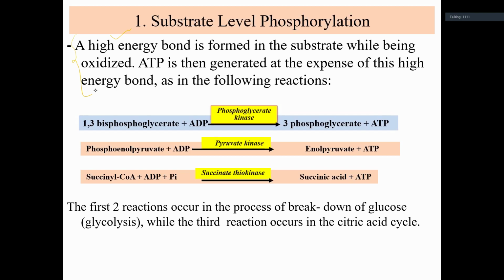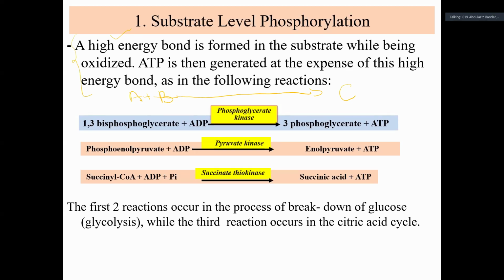So let me give you an example. What is the meaning of this reaction? The meaning of this reaction is A plus B will make C. Clear? Yes.